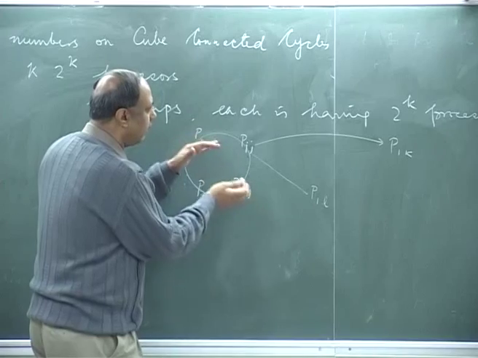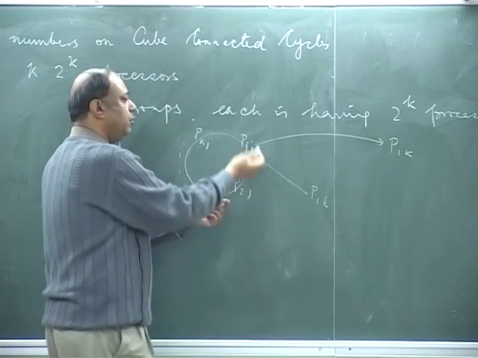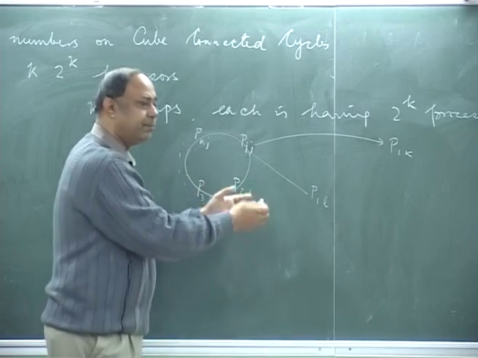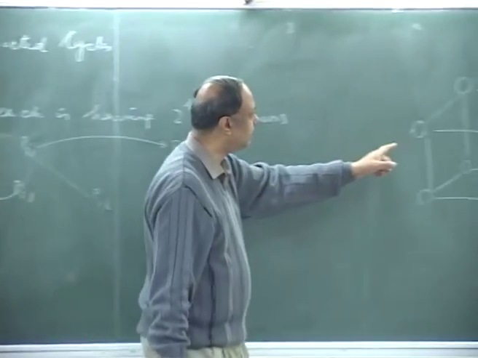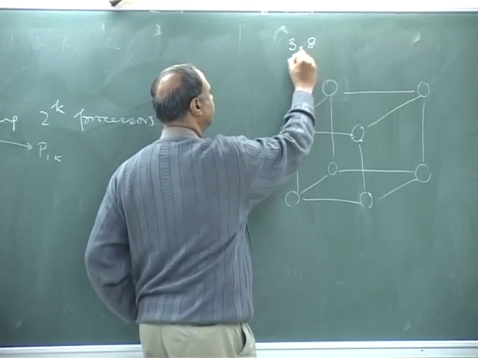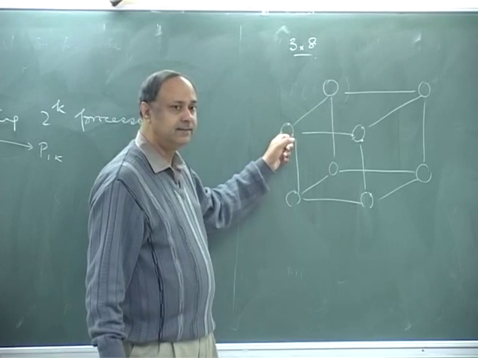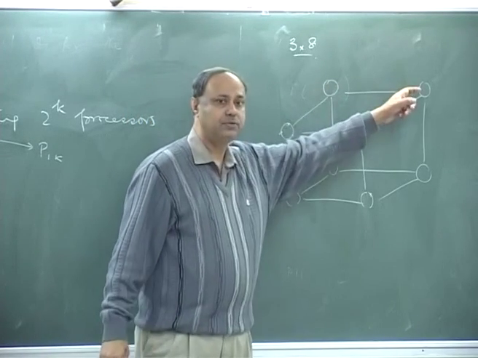But while you get the data from here to here, you need to bring them into other positions. Say for this case, if I have 3 into 8 processors, this 3 forms a cycle, this 3 forms a cycle and so on.